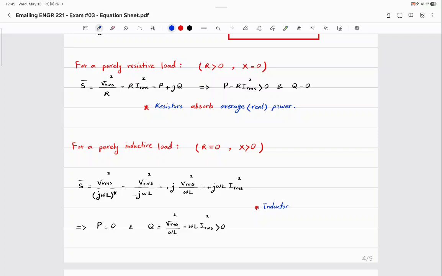Inductors, fill in the blank. Absorb, because it's positive.